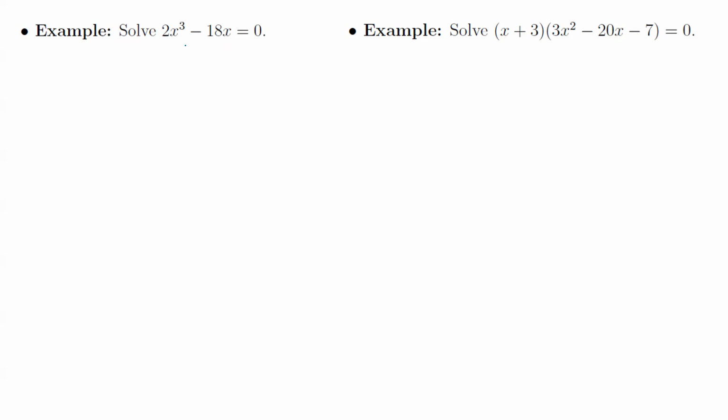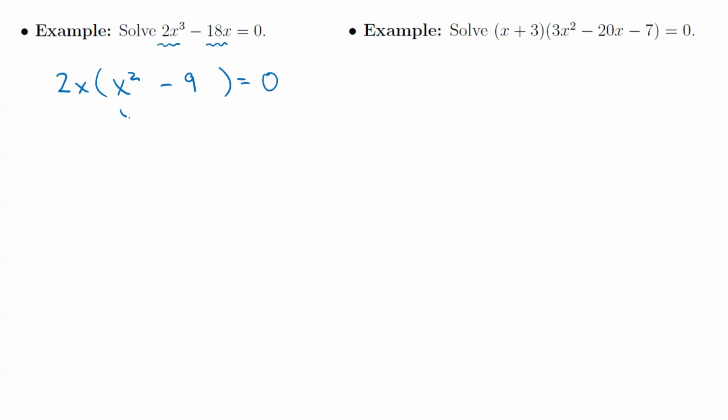So when you see this equation, we'll notice that there is a 2 in common to both terms, and there's also an x in common to both terms. So I can pull a 2x out, and I would be left with, well, 2x times x squared is 2x cubed, and 2x times negative 9 gives me minus 18x.